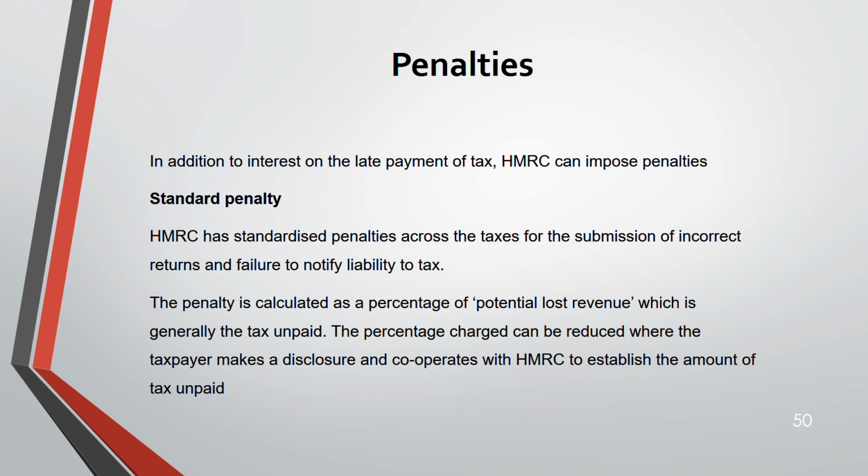The penalty is calculated as a percentage of potential lost revenue. The percentage charge can be reduced where taxpayers make a disclosure and cooperate with HMRC to establish the amount of tax unpaid. If they cooperate, your percentage of penalty will reduce.